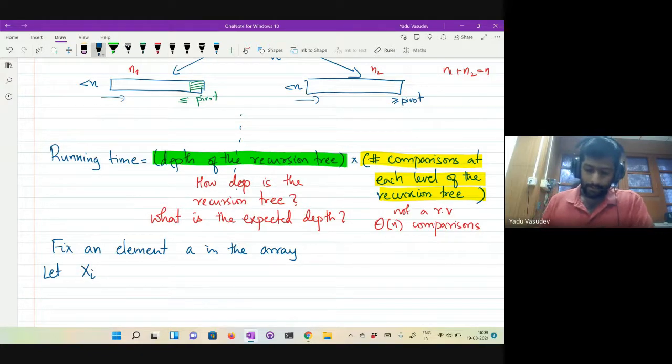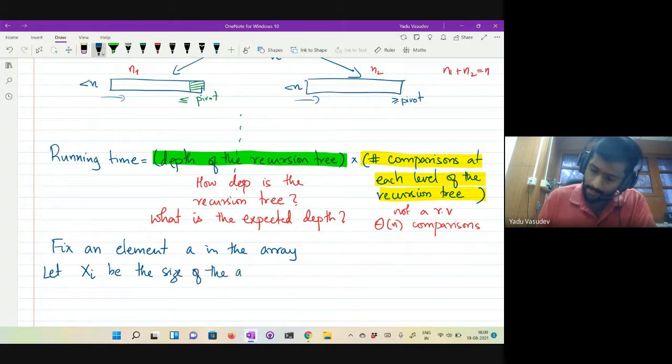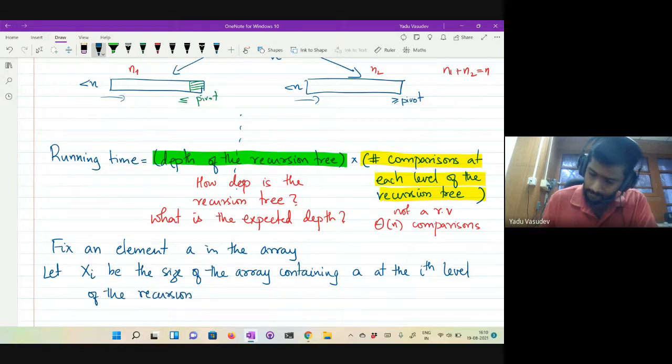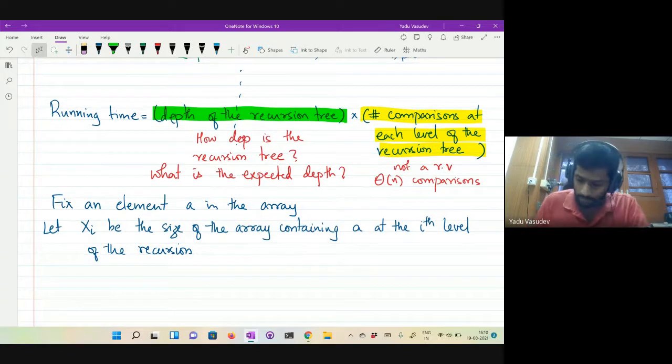So let xi be the size of the array containing A at the ith level of the recursion. So what is x0?